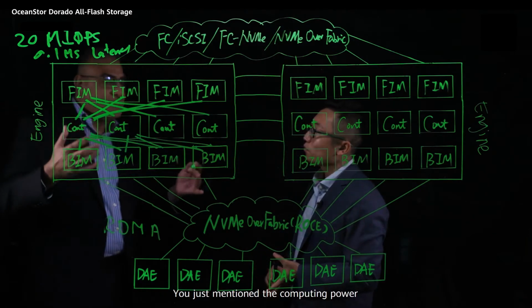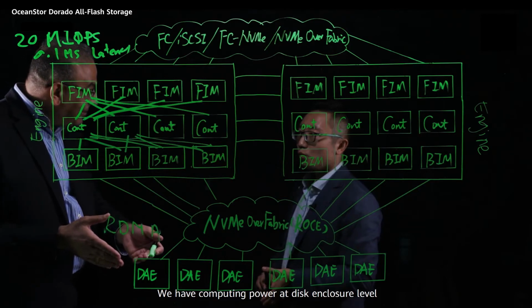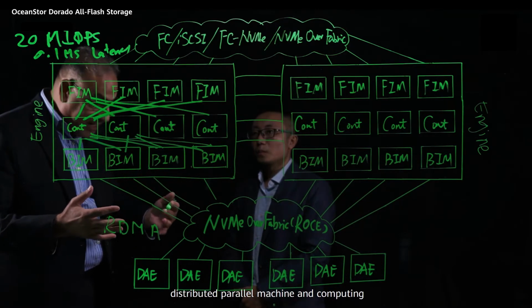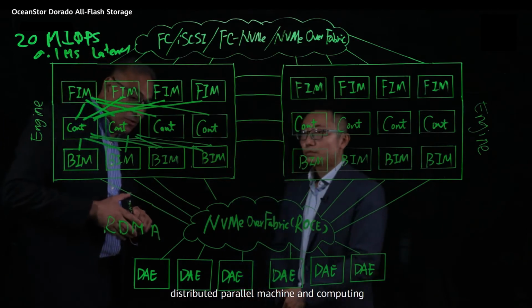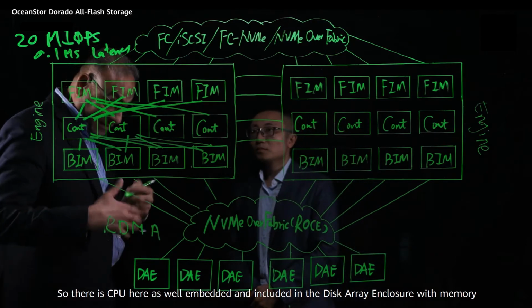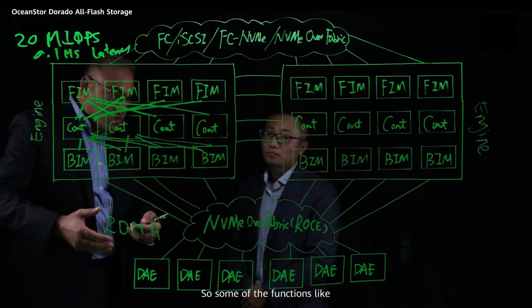You just mentioned computing power. We have computing power at the disk enclosure level, so it's a distributed architecture, a distributed parallel machine. True. There is a CPU embedded and included in the disk array enclosure, with memory.